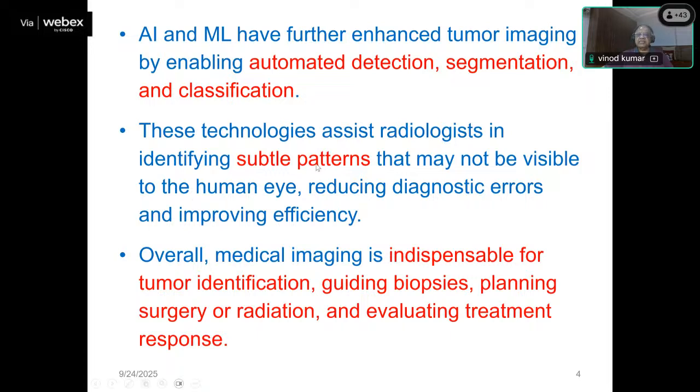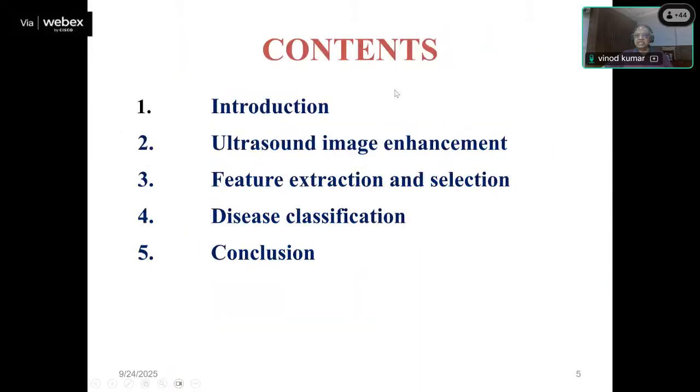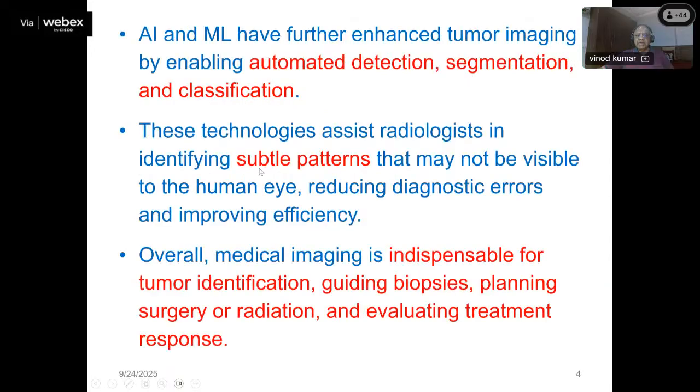And in some cases where tumor patterns are very weak or not visible to the naked eye, AI ML technology is able to detect those cases also. So AI ML are helpful in automated detection, segmentation, classification, and in case of subtle patterns.